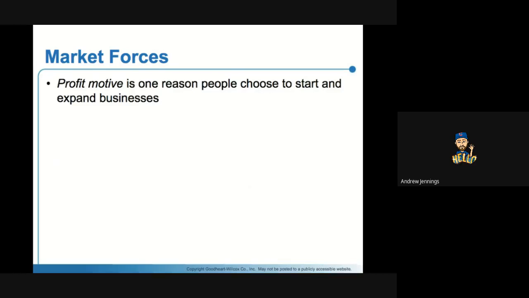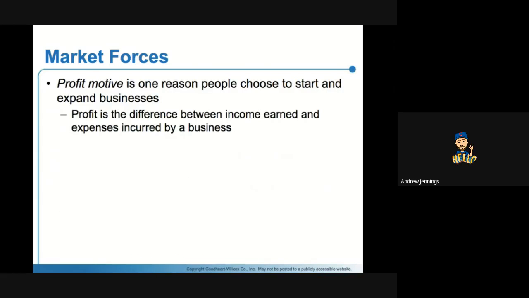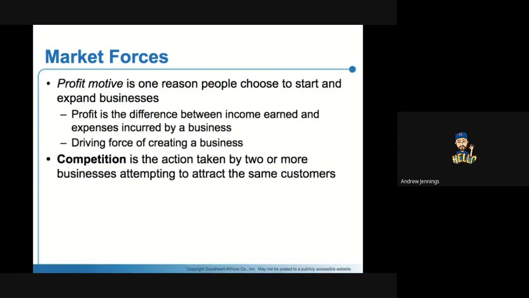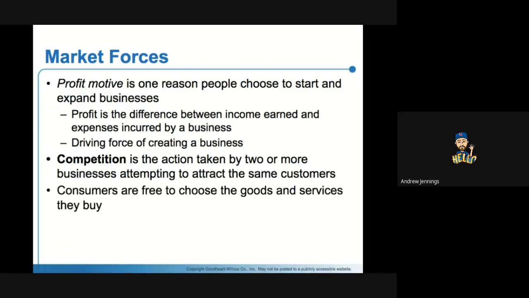All right, our last two market forces are going to be that of a profit motive, which is going to be one reason why people choose to start and expand businesses, okay? And we talked about profit in the first lecture video and how it's the difference between income and expenses. And this is the one true driving force of why someone would create a business, okay?